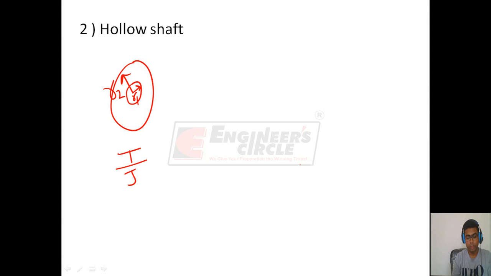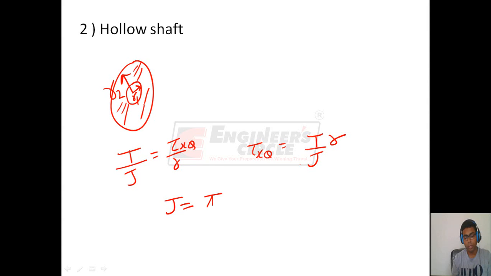Hollow shaft. For hollow shaft, the cross section will be starting at some radius R1 and will be ending at some radius R2. Therefore, the value of shear stress is given by T by J is equal to tau by R. So tau will be equal to T by J into R. Now in this case, J will be given as the J of only this portion because it is hollow up to radius R1.